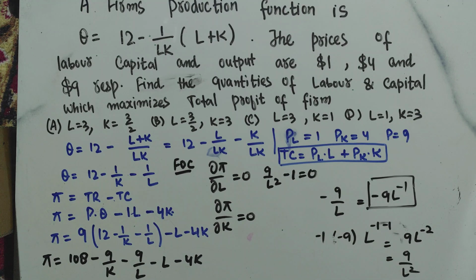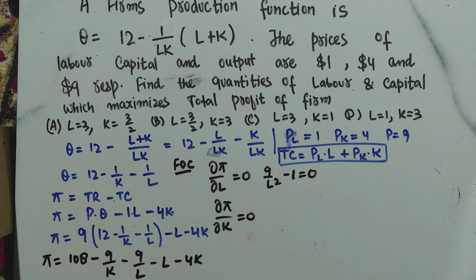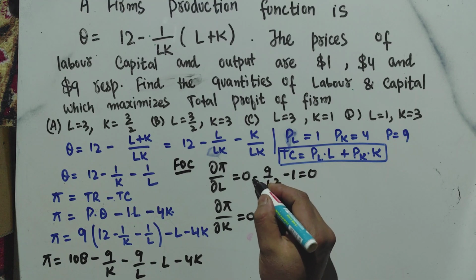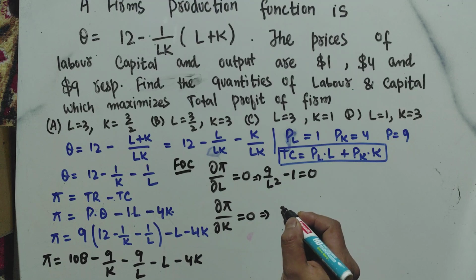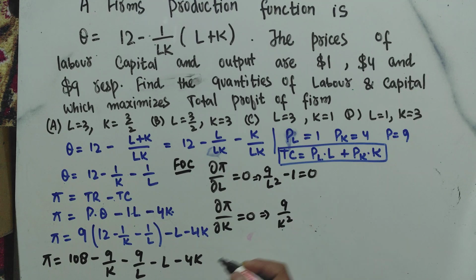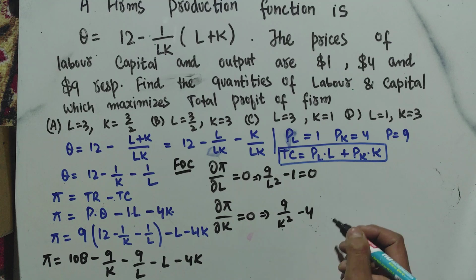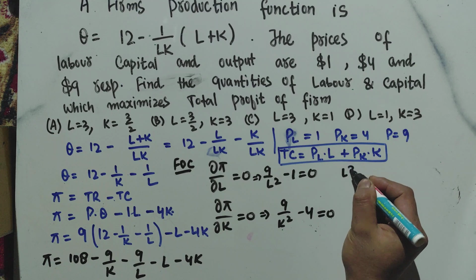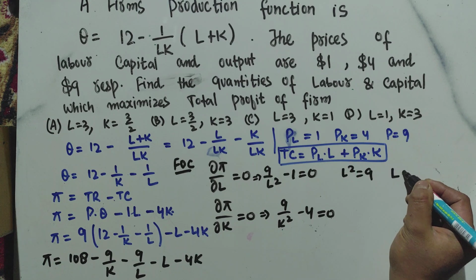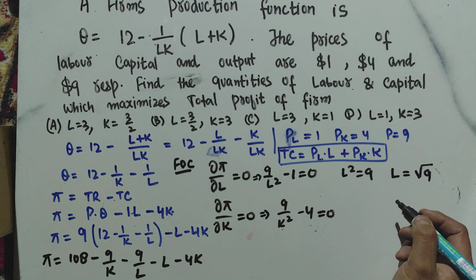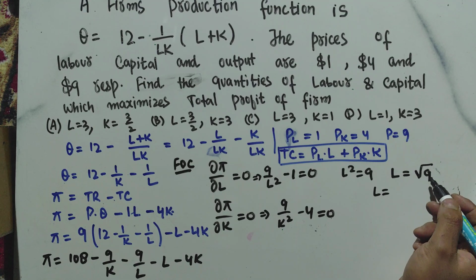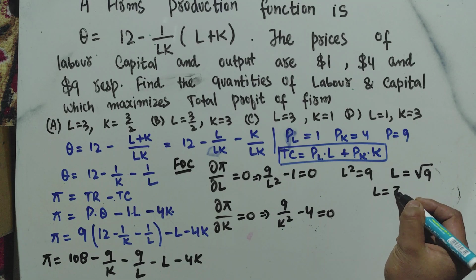Likewise, if I find the partial derivative with respect to capital, the derivative of negative 9 upon K will be 9 upon K square, minus the derivative of 4K, which is 4, and we set it equal to 0. Solving this, we get L square equal to 9, which implies L equals root 9, or L equals plus minus 3. We get two values and we take the positive value only.